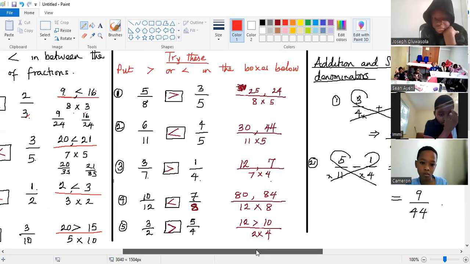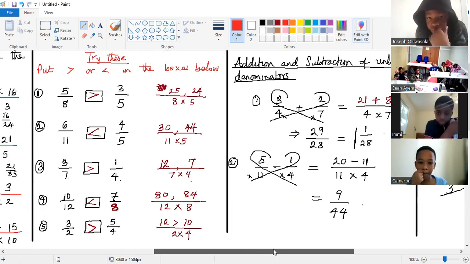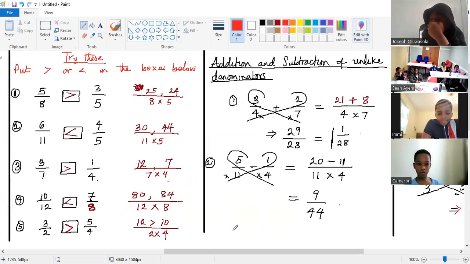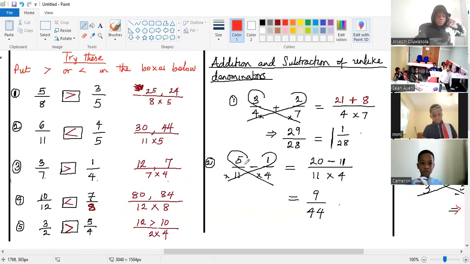And then we looked at addition and subtraction of unlike terms. I said the concept we used in putting greater than or less than is the same concept we're going to be employing for addition and subtraction.